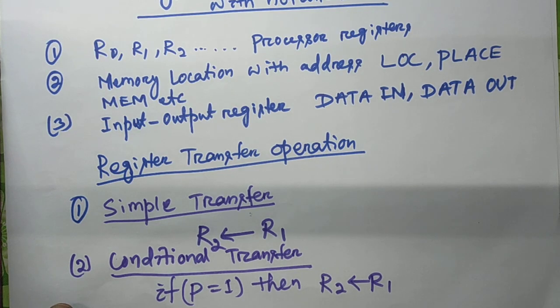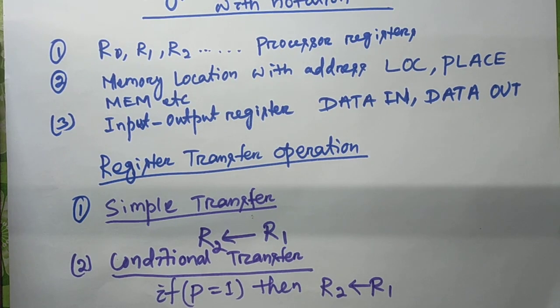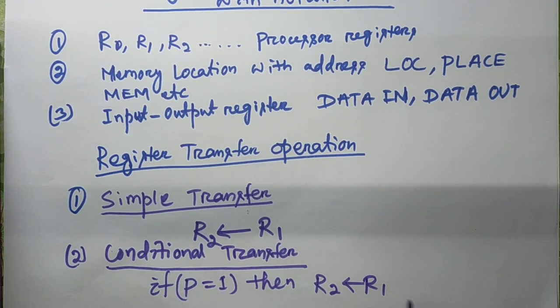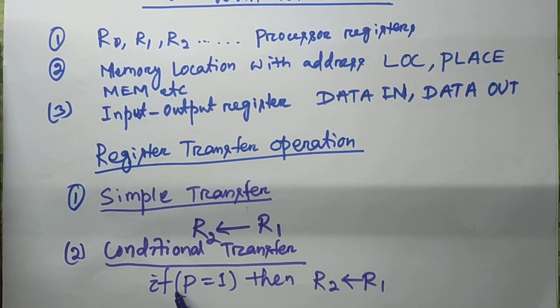That means one condition is there. If P is equal to 1, meaning P is true or the condition is true, then data is transferred from R1 to R2. This is the conditional transfer.